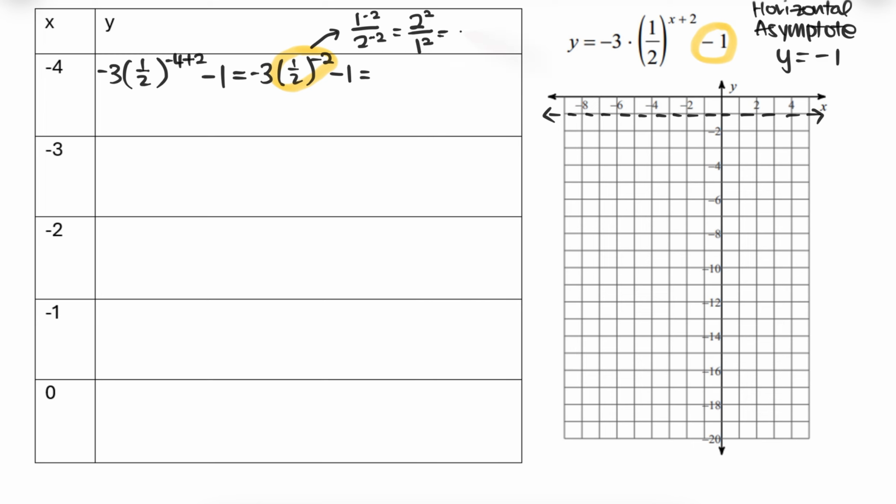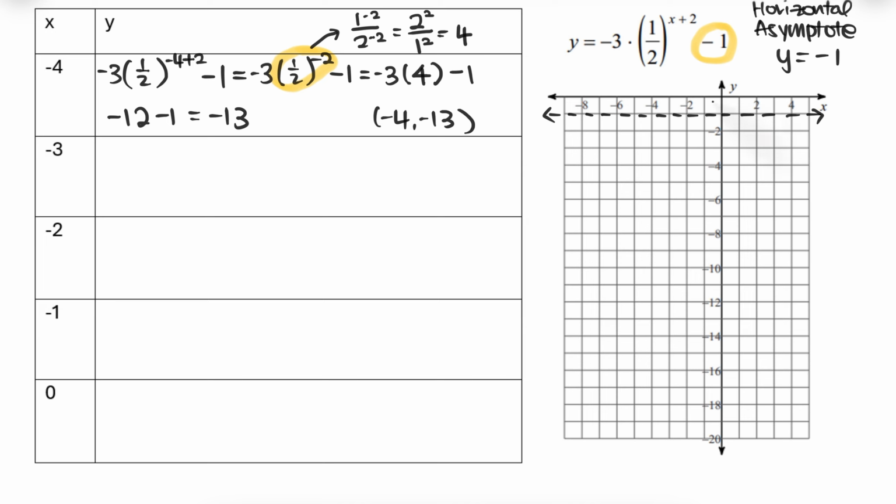So it'll just give me 2 to the 2nd power, which gives me 4. Okay, so we have -3 times 4, minus 1. From here you should know, it's middle school math. -3 times 4 will give me -12 minus 1. That's going to give me -13. So my ordered pair for this is (-4, -13).